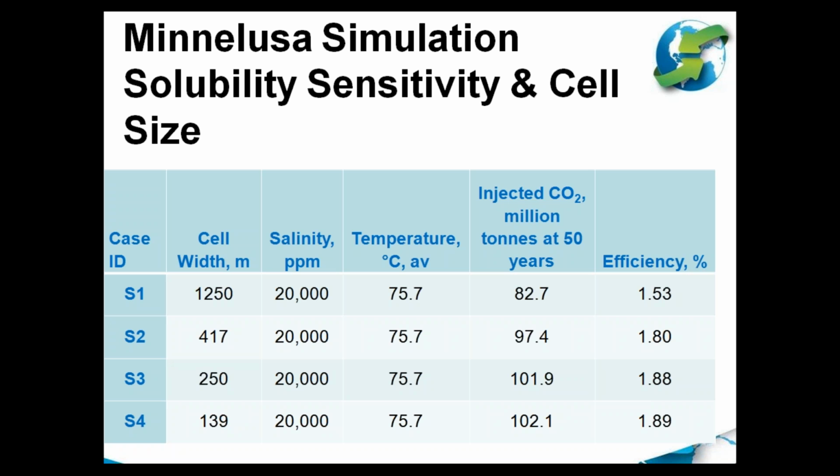What you notice from this table is that if you use a model with a larger grid cell size, you will, not surprisingly, perhaps, given that salinity and temperature are constant, find that the assumptions you make in the model affect the efficiency.